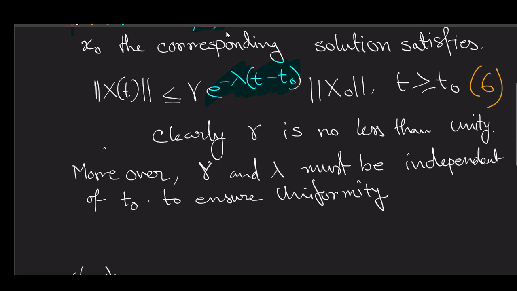Now moreover, gamma and delta must be independent of t0 to ensure uniformity. That is very important, because again if they start depending on your t0, it will become a case that is non-uniform.